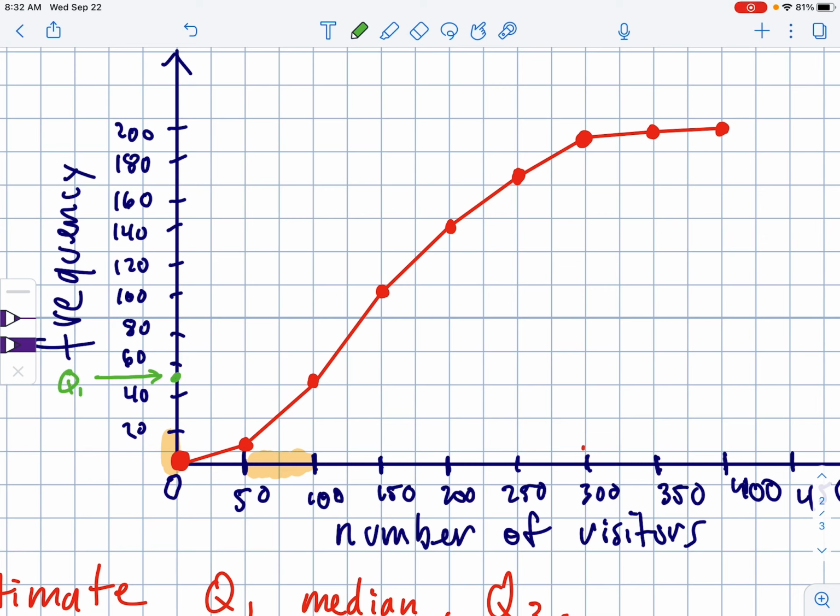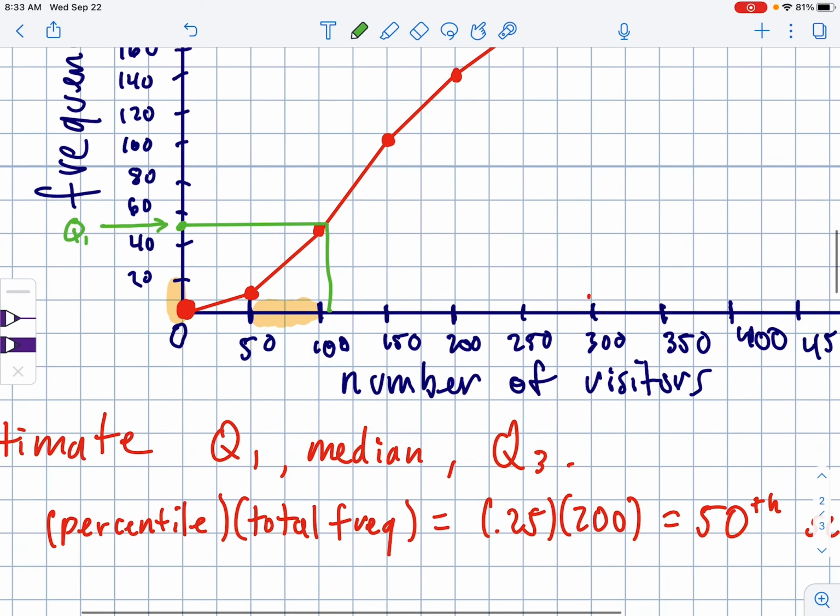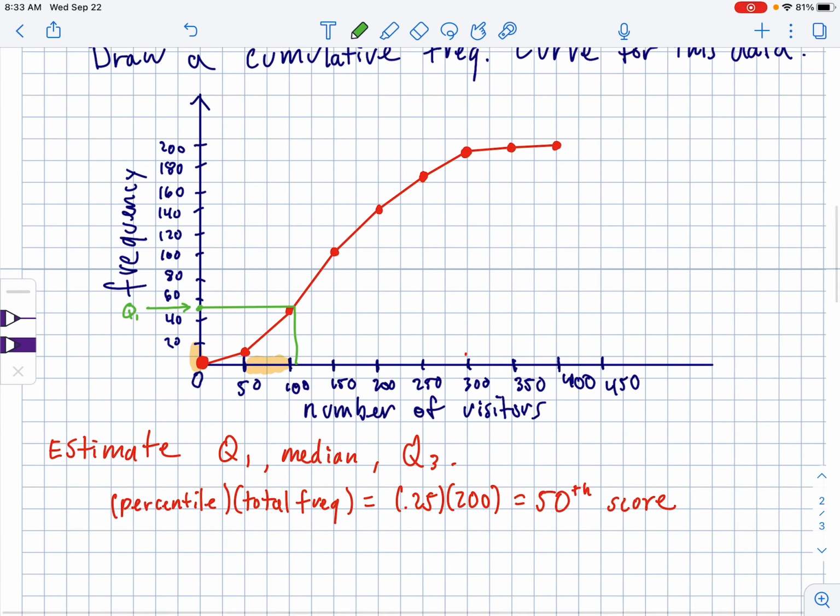This is where Q1 is going to live. You trace over to the curve, wherever it hits, and then drop it down. Okay, whatever. It's a little bit past 100. So I'm going to estimate 105.